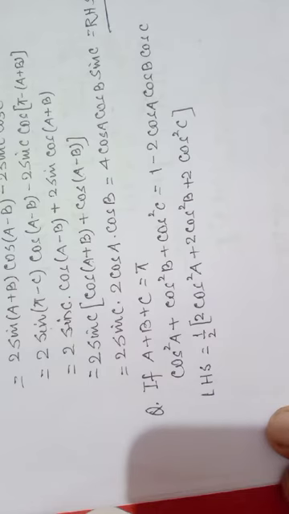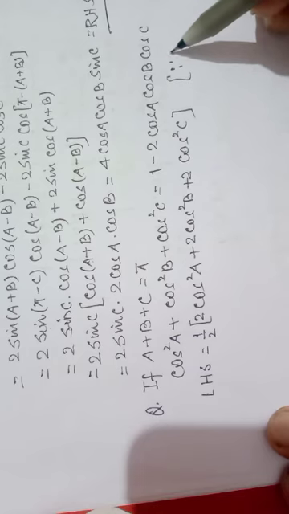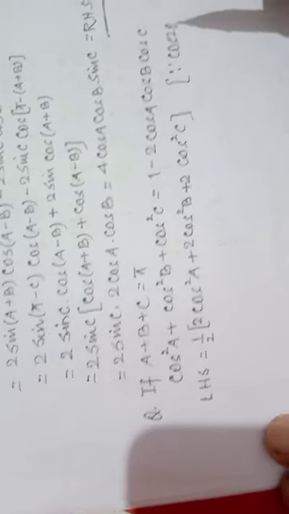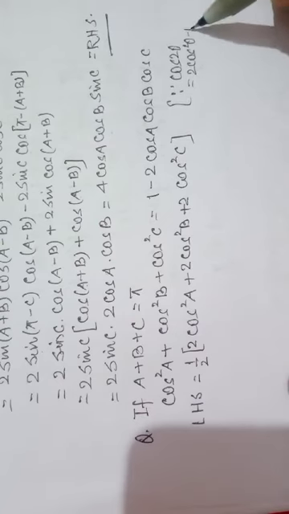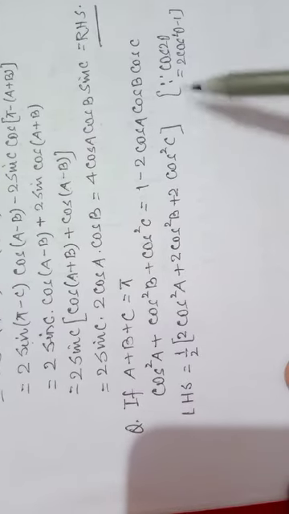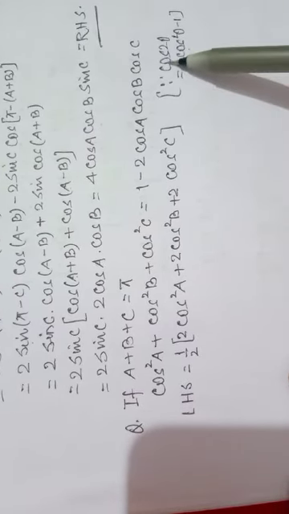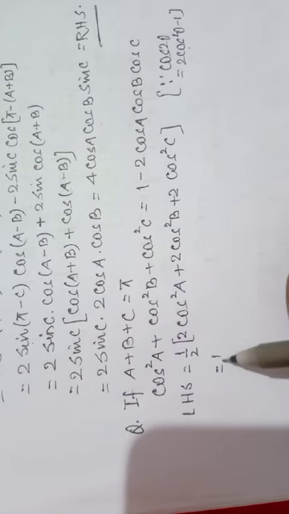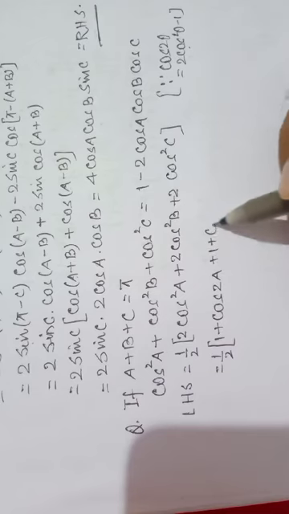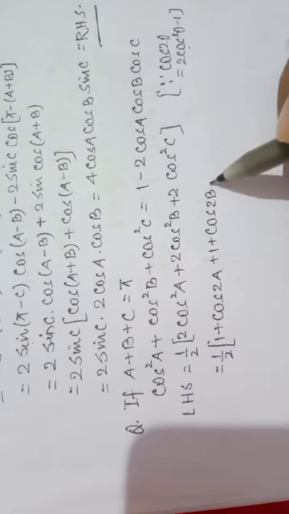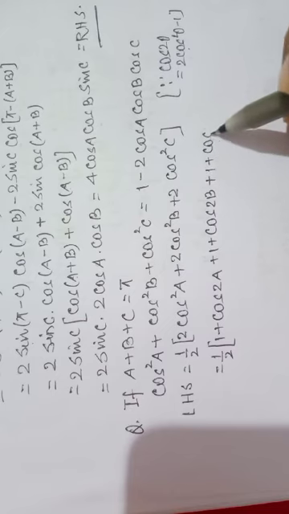So 2 cos square A, 2 cos square B plus 2 cos square C. Since cos 2 theta is equal to 2 cos square theta minus 1, 2 cos square theta is 1 plus cos 2 theta. Therefore, it should be written as 1 plus cos 2A plus 1 plus cos 2B plus 1 plus cos 2C.